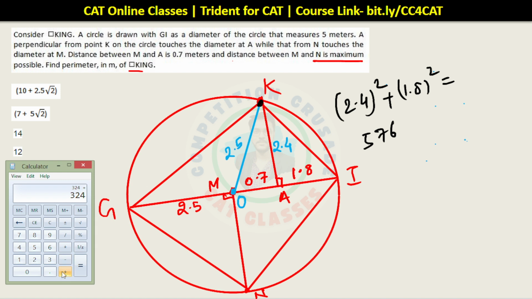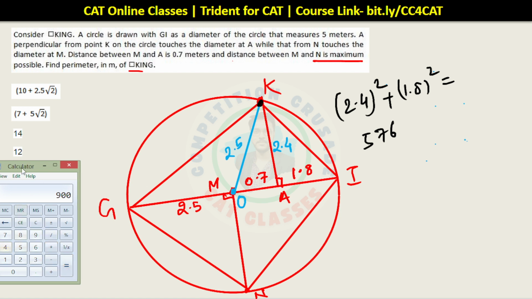So what am I doing? 324 plus 576, that is 900. Oh wow, so that is going to be 3.0.